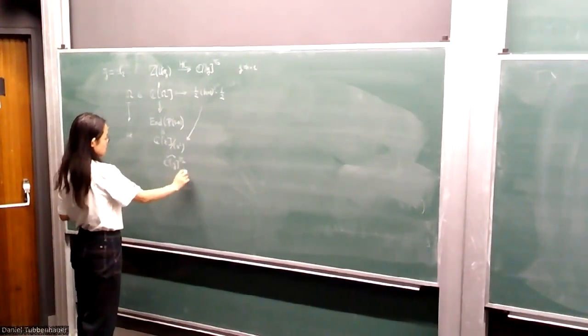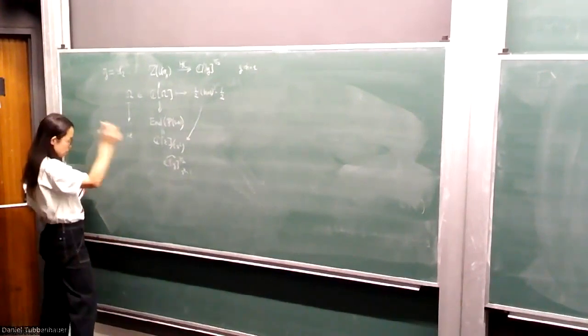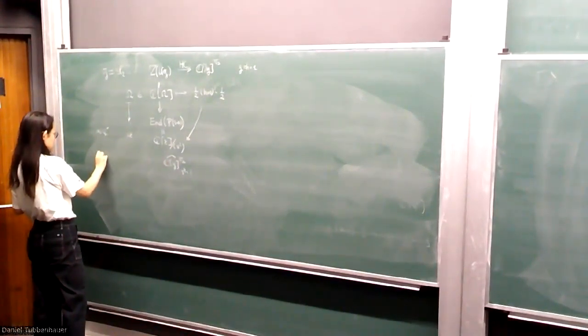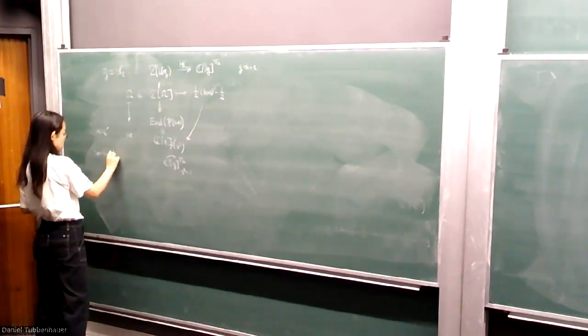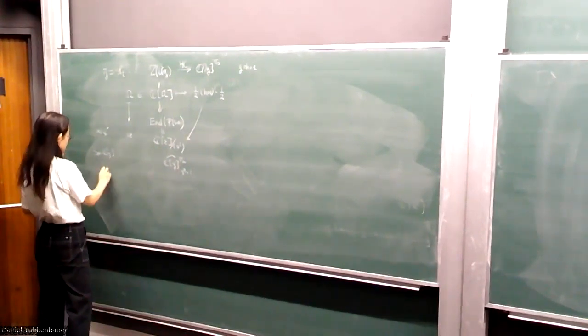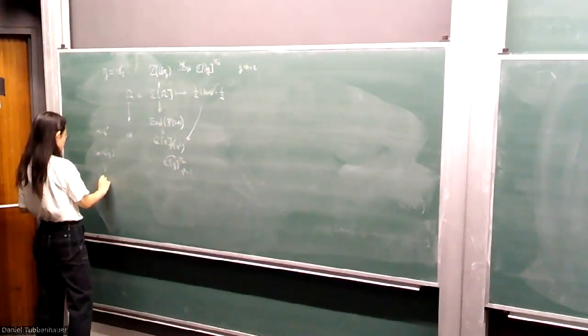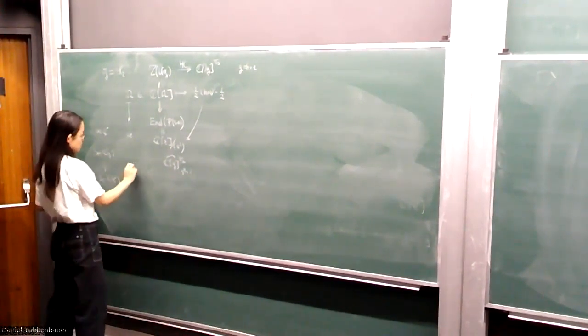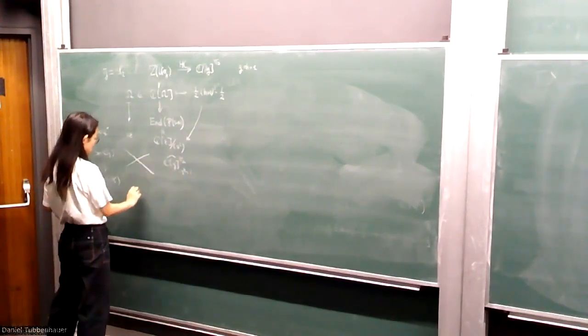But what is this? If we have the spectrum of C[y], and you map it to the spectrum of C[y squared], it's a double cover at points which are not 0.